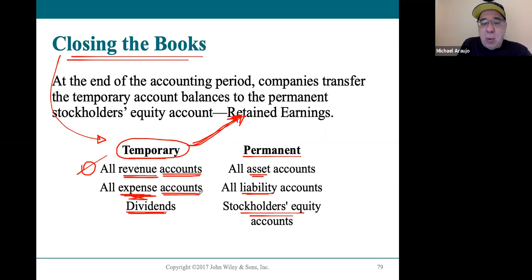Why? Because the very next day after a year, we have to keep new records that are separate from the previous record. So in essence, you're keeping track of revenues and expenses separately year to year. Think about when you turned 17.